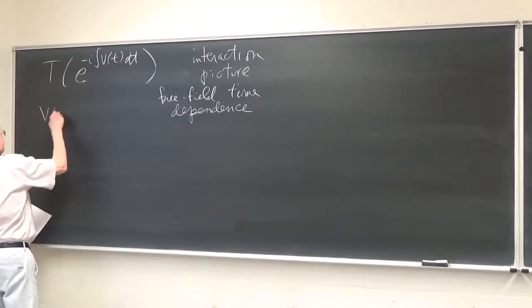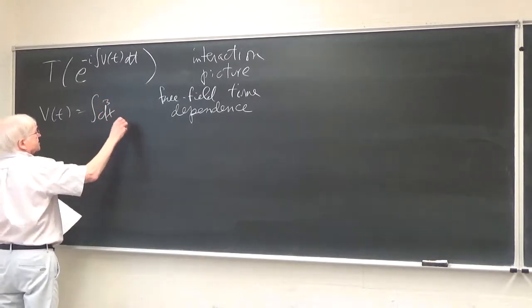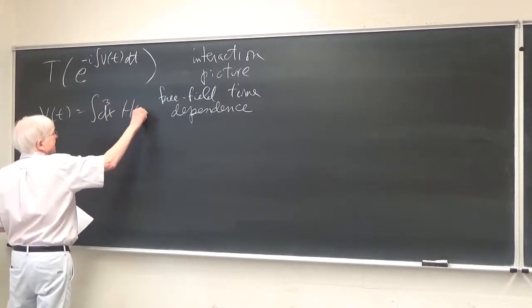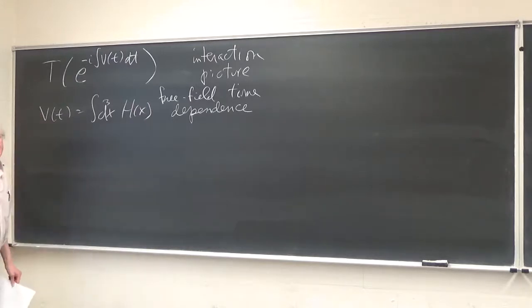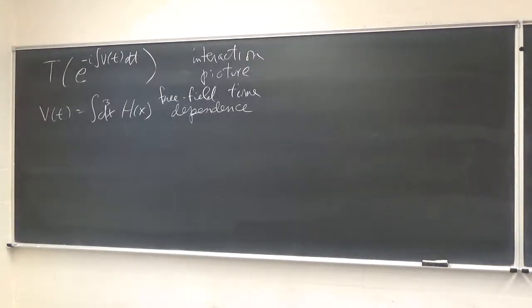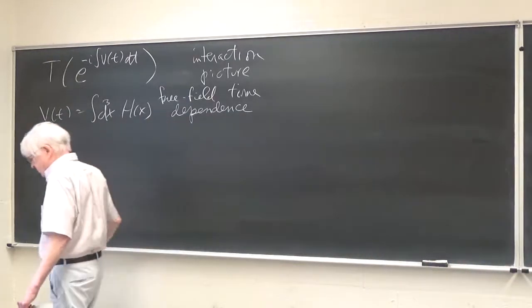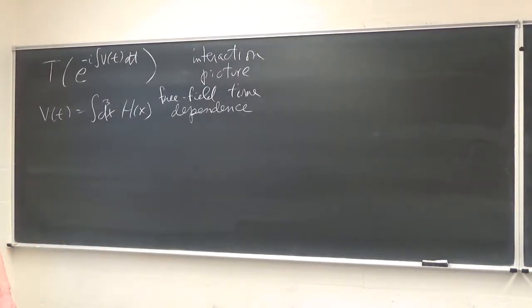That is to say, V of t will be an integral over space of some interaction Hamiltonian density. So the free part, the standard Hamiltonian of the standard model, apart from gravity, of course, is a space integral of a quadratic form in the fields.